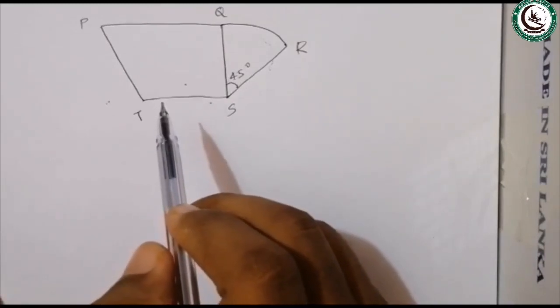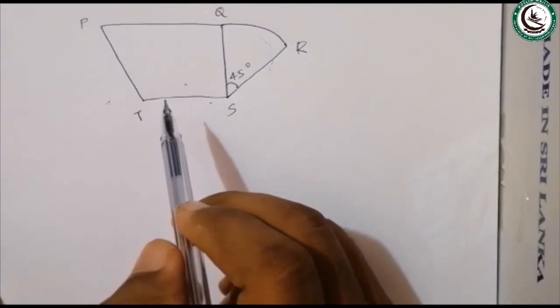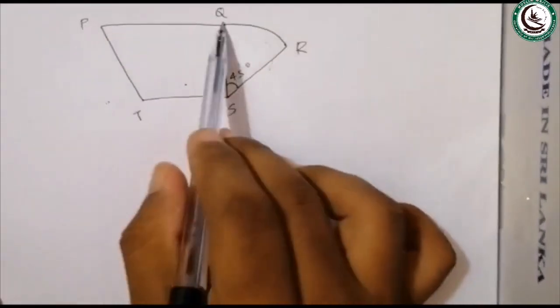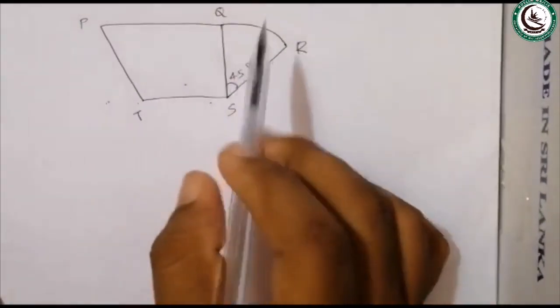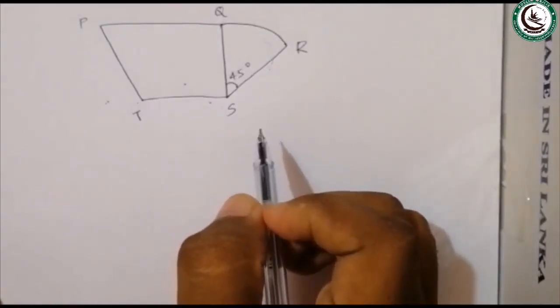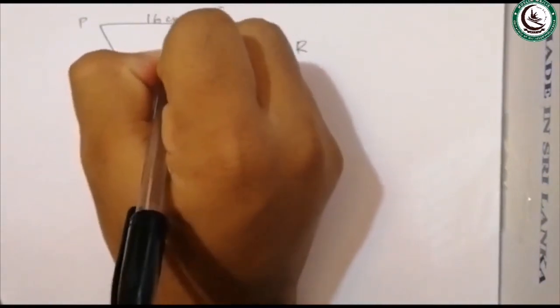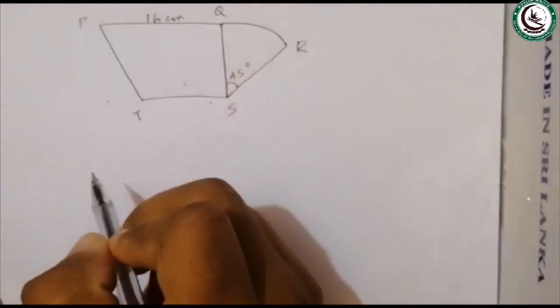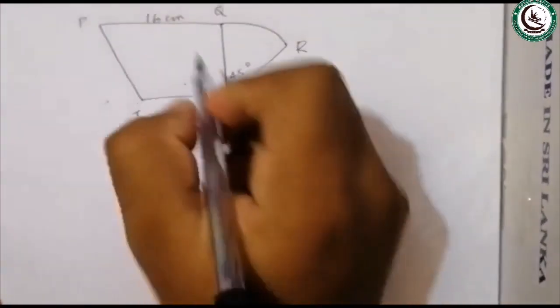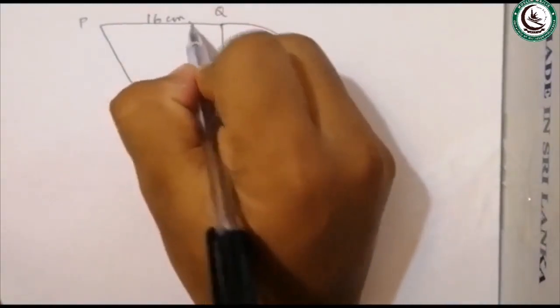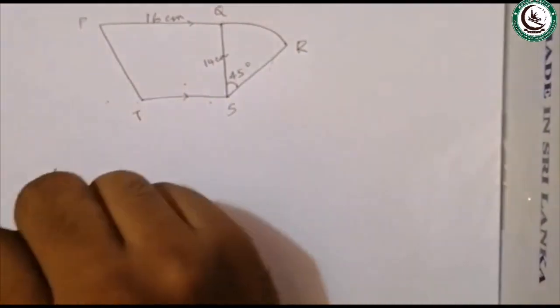So the vertical distance between PQ and TS is QS. PQ is 16 centimeter and QS is 14 centimeter. So it is parallel to this.